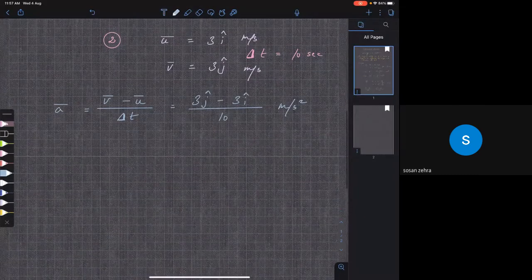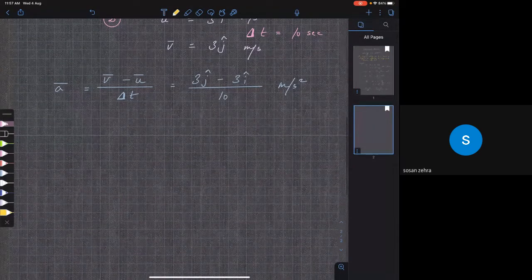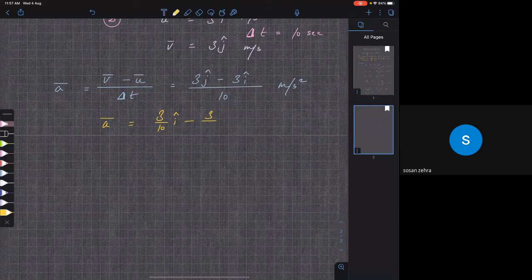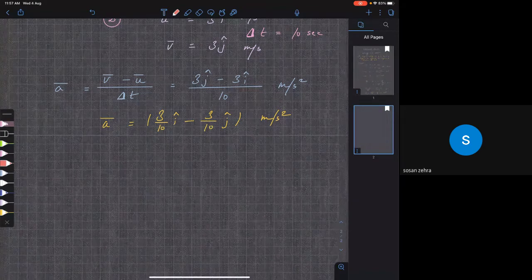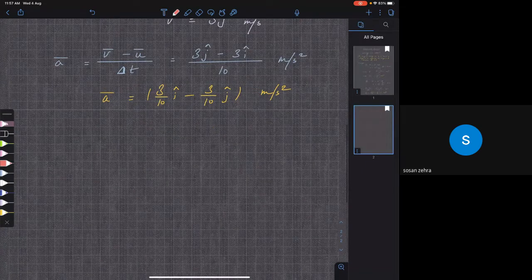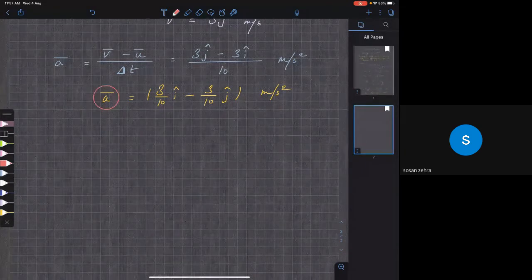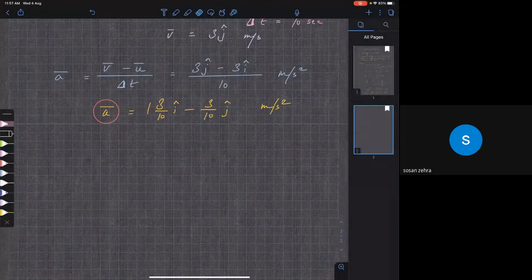So here I can write a bar equals 3 by 10 i cap minus 3 by 10 j cap, in meters per second square. Now this acceleration is the result of change in direction. Magnitude is not changing here. Clear?